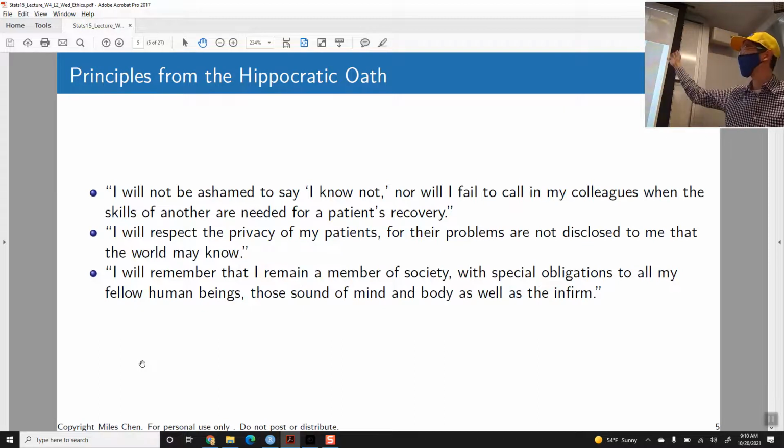But anyway, going back to the Hippocratic Oath, here are a few principles from it. You can look up the Hippocratic Oath on Wikipedia, and it's got the full text. But there's a few principles that our textbook has taken and adapted for data science. As far as medicine goes, the first says, I will not be ashamed to say, I know not, or I don't know, right?